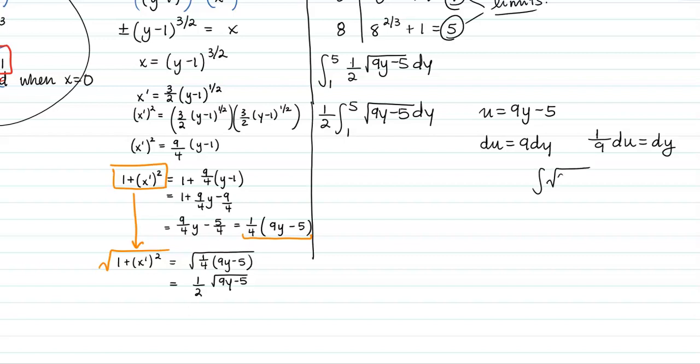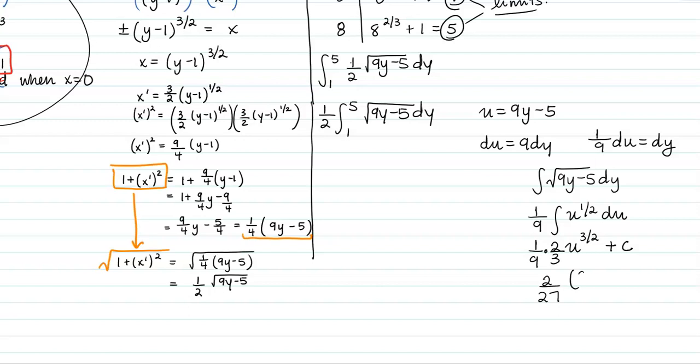So the integral of 9y minus 5 dy is 1/9 the integral of u to the 1/2 du. So I'll increase the exponent on u up to 3/2 and divide by the new exponent. So I'm taking 1/9 and I'm multiplying it by 2/3. I'll just put a plus c here for now. So I have 2/27 times 9y minus 5 raised to the 3/2 plus c.